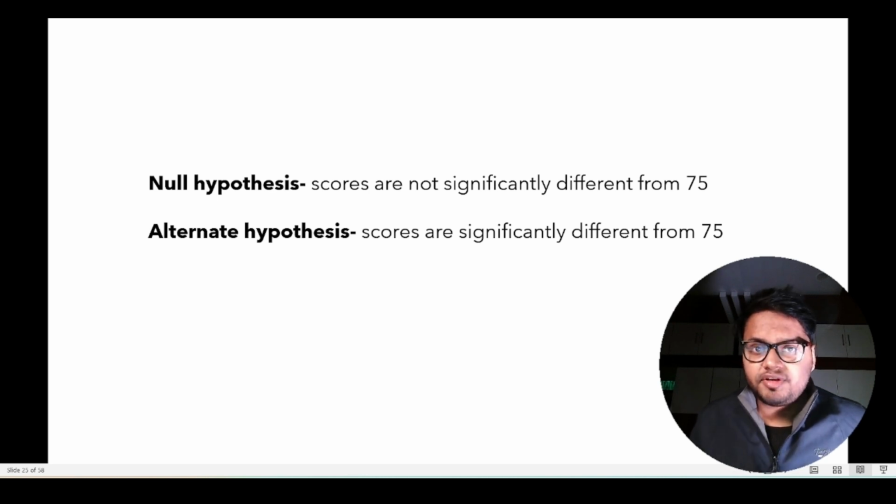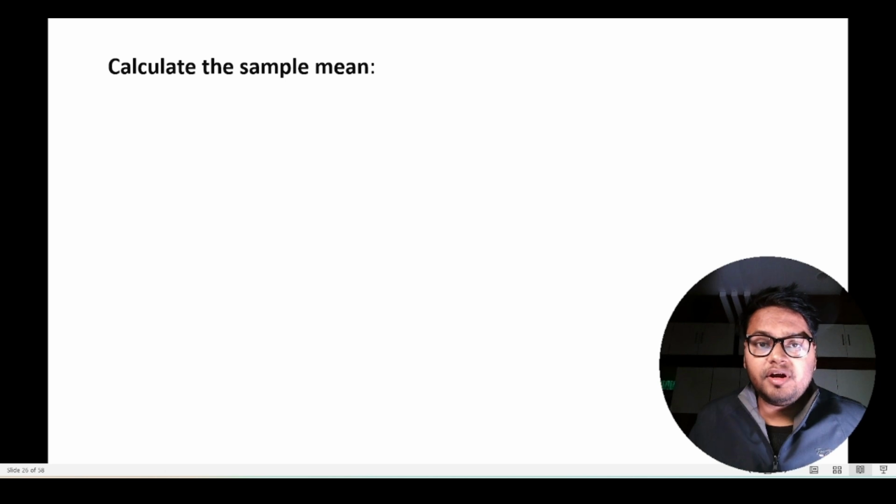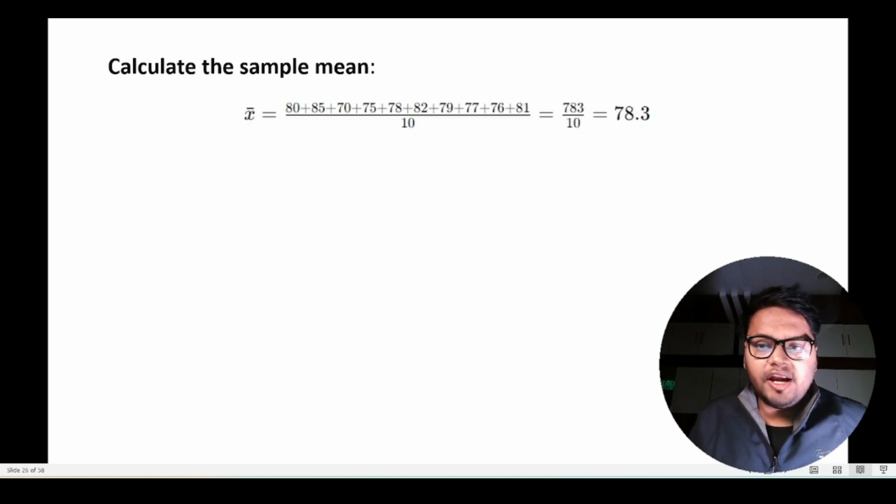So this is our first step. Once this step is done, the next step is to calculate the mean. We calculate the mean of the 10 students and we find that our value is 78.3.